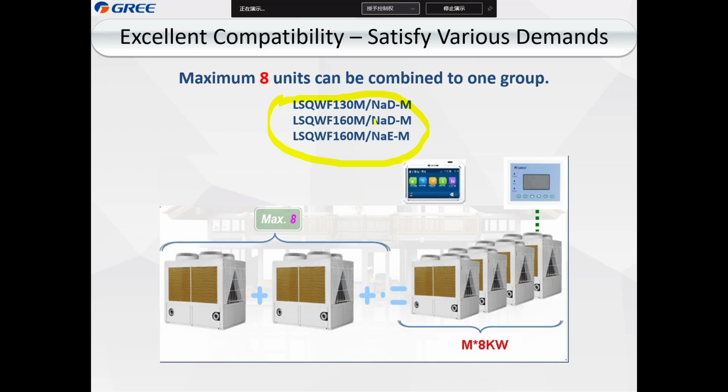So from this two-slide introduction, you can calculate. We use the quantity of compressors to calculate the quantity in one modular system.